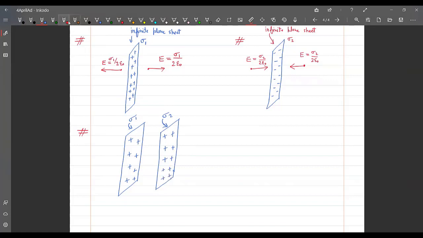So if I try to find electric field in this region, electric field in this region will be electric field due to the first sheet, and the electric field due to the second sheet also will be in this direction only. So the net fields will be added. So electric field in this region will be E1 plus E2.